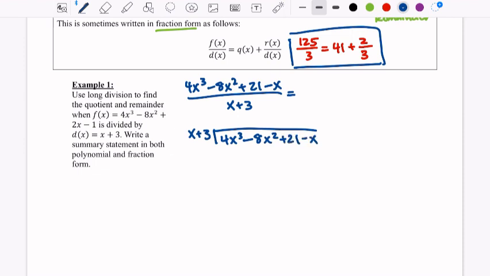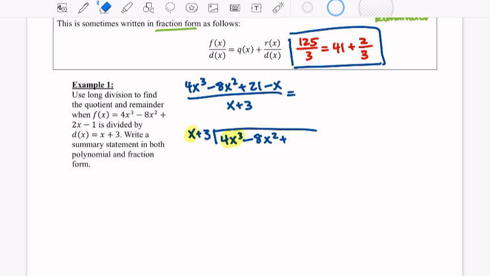Okay, so starting off this process with polynomial long division, I'm only going to take a look at that x term first, like our leading term. And I'm going to think, okay, how many times does x divide into 4x cubed? Well, sometimes thinking about it that way is a little bit difficult. Hold on, I'm noticing that I wrote this a little bit off, so I'm going to fix that first.